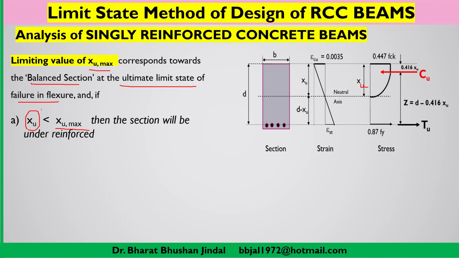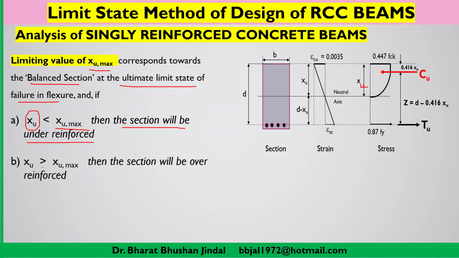If your value xu is less than xu max, then we will say that the section will be under-reinforced. And if xu is greater than xu max, then the section will be over-reinforced. And third case, when xu is equal to xu max, then the section will be a balanced section.